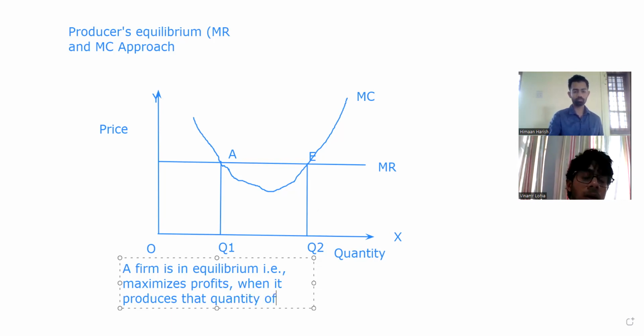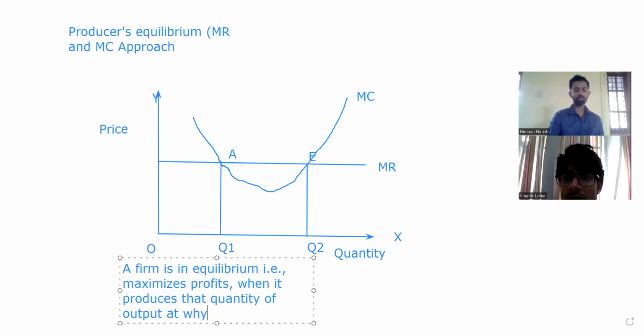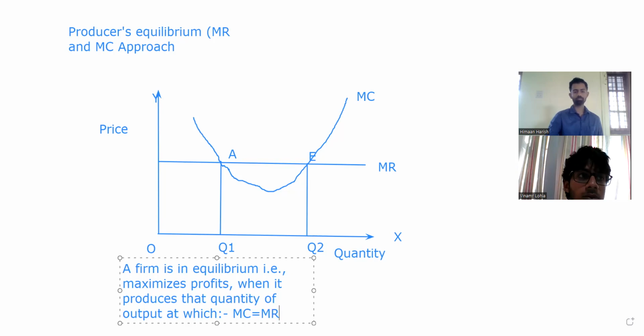Okay, I'll tell you what I understood from this. I understood that the price is constant in this, so with every additional unit your marginal revenue is increasing, for every product. So how is the MC equal to MR? And there's another condition.